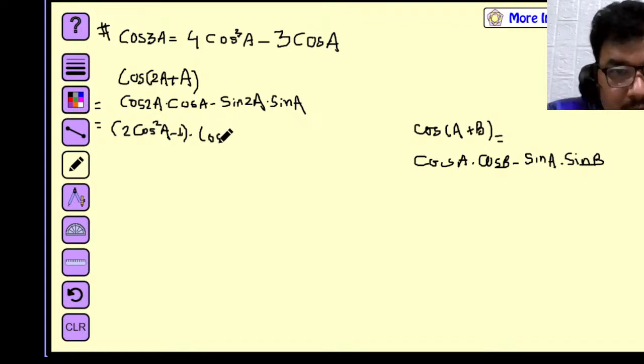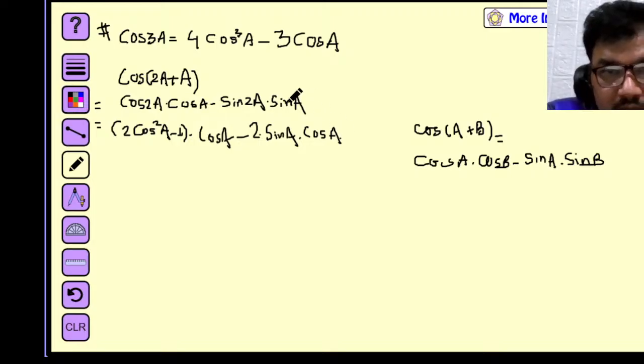Its formula is cos 2a means 2 cos square a minus 1. And minus sin 2a, where sin 2a means 2 sin a cos a, into sin a. Write this down, okay?